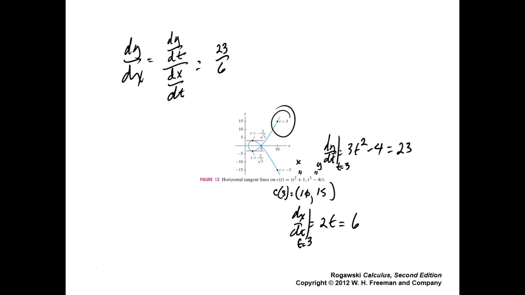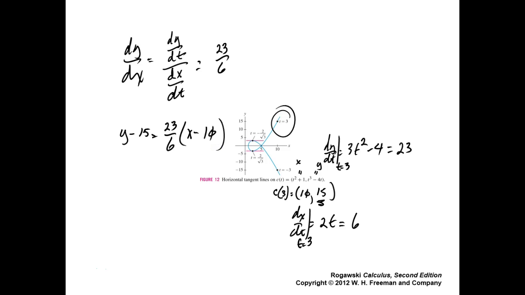So what's the equation of our tangent line? y minus 15 is equal to 23/6 times x minus 10. Now, that is an equation of a tangent line.